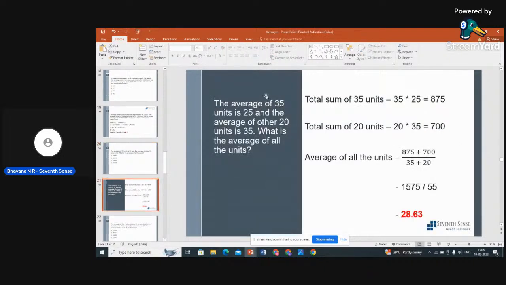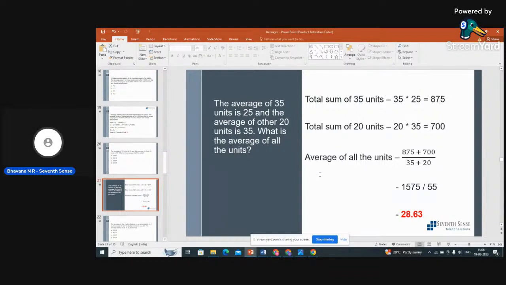Okay. The average of 35 units is 25, so the total sum of 35 units is 35 into 25, that is 875. Next, the total sum of 20 units is 20 into 35, which is 700.